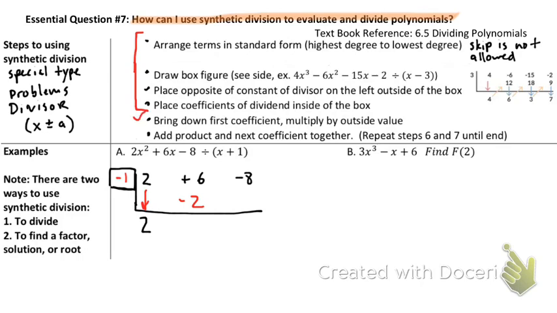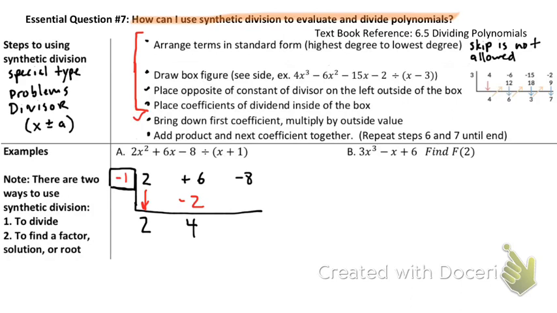Now we're going to do the last step, which says in our new column we add or subtract depending on sign. So +6, -2, that gives me +4. So we bring this down like this. Do the math in that direction. We get +4.